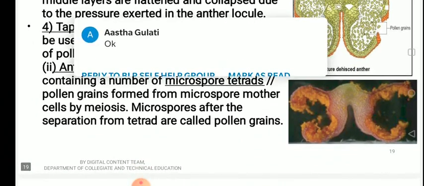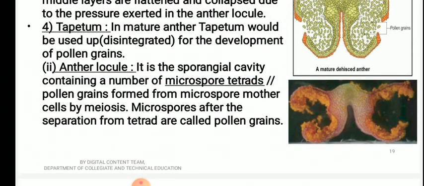So coming to the anther locule, it is the sporangial cavity. Anther locule is the sporangial cavity containing a number of microspore tetrads. So in mature anther, we will see the microspore tetrads or pollen grains, whereas in young anther, we will see intact sporogenous tissue.